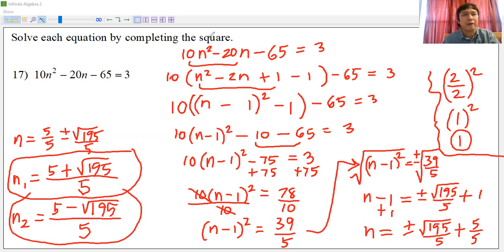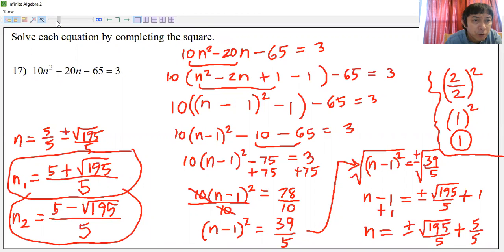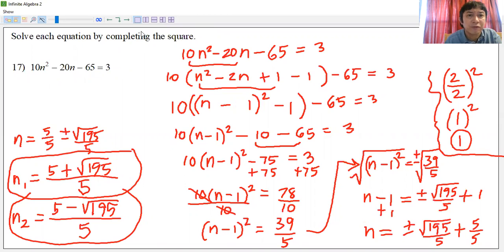Now let us see the answers. Let me reduce the size of the letters so that it will fit. So that is 5 plus square root of 195 over 5, and 5 minus square root of 195 over 5. It's correct.